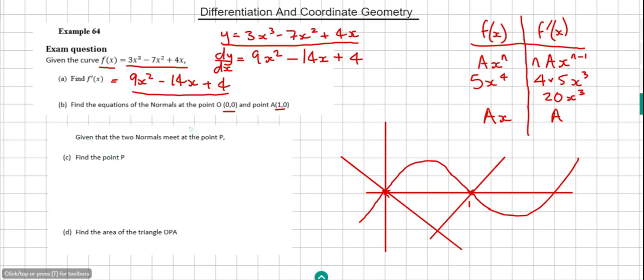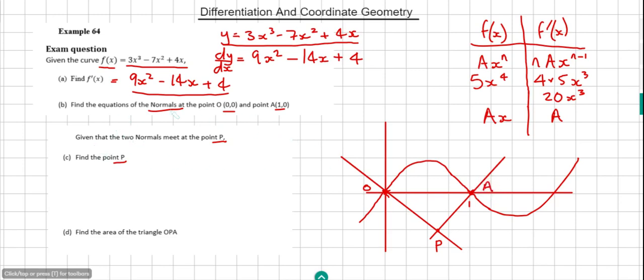So we've got to find these two equations, and reading further on in the question, given that the two normals meet at point P, we've got to find the point P. Actually, point P would be this point here. So we've got to find that point eventually. This is point O, just here, and this is point A.